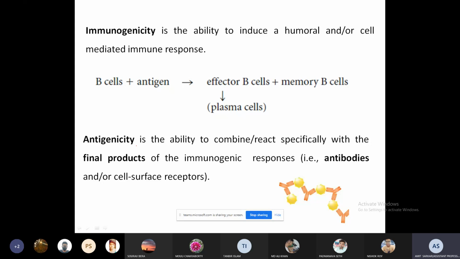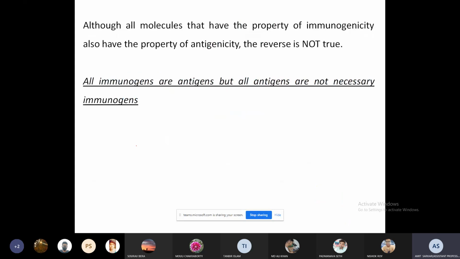So immunogenicity and antigenicity are different. Immunogen and antigen are different. That's why I was saying that all immunogens are antigens, but all antigens are not necessarily immunogens. So although all molecules that have the property of immunogenicity also have the property of antigenicity, the reverse is not true.